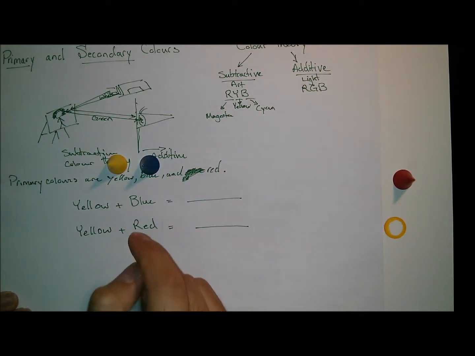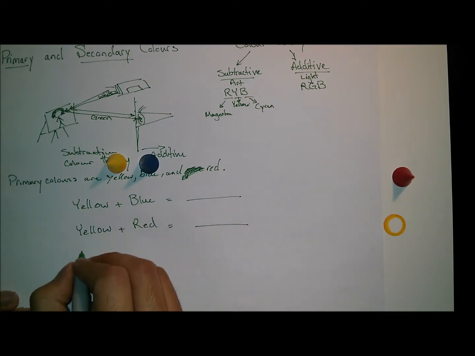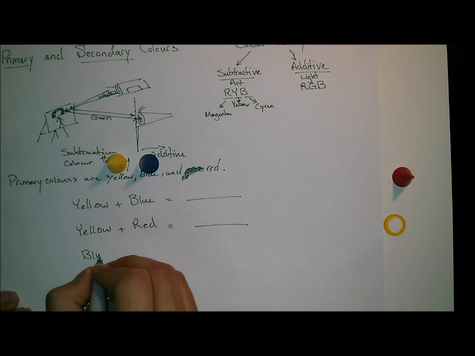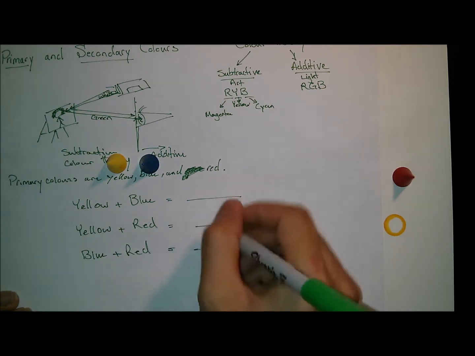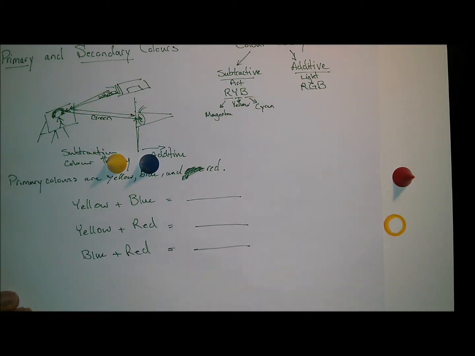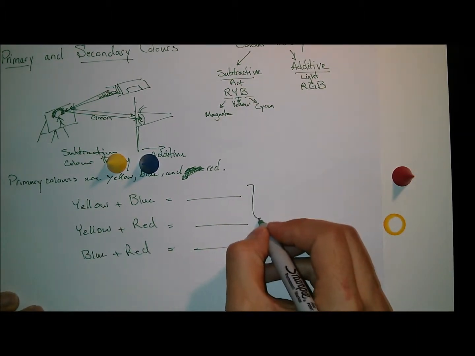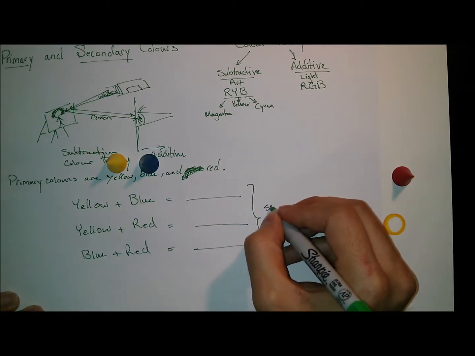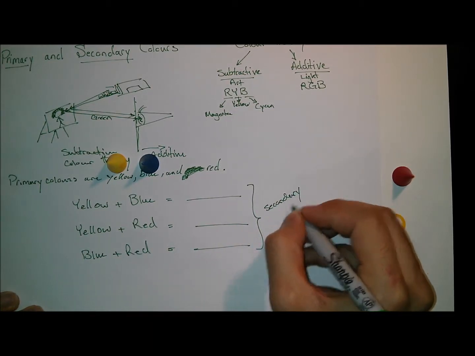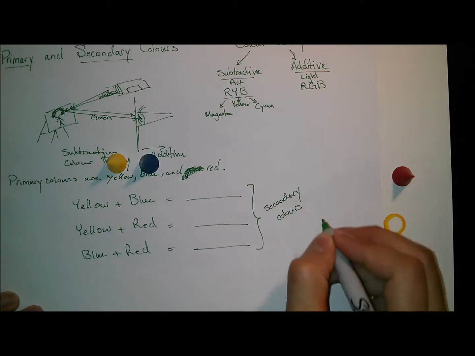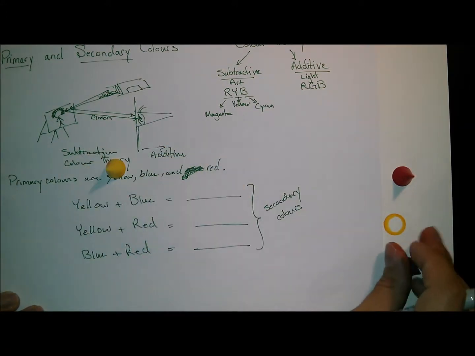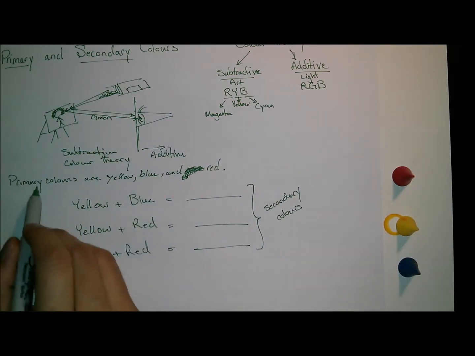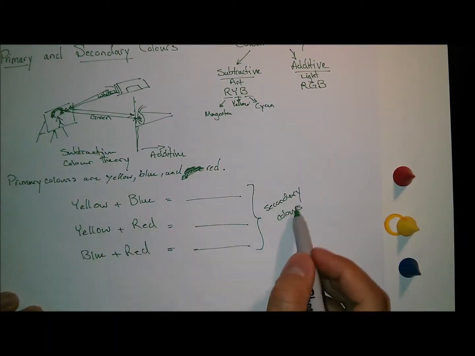And the only combination left is blue plus red, and whatever color you get from this combination. Again, remember, whatever you get from here, these are your secondary colors, where you just made them.